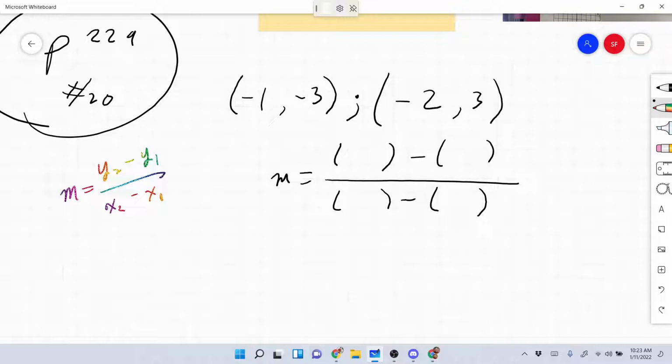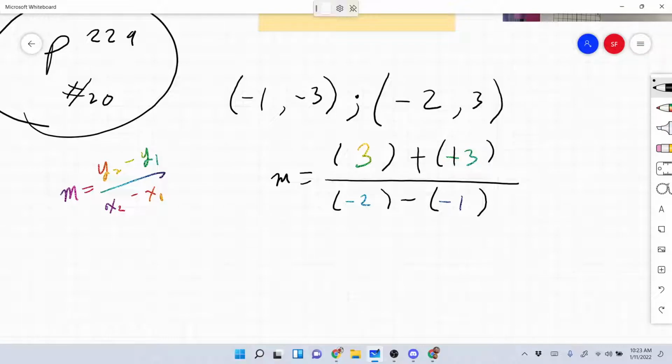So what are we going to plug in right here? 3. What are we going to plug in right here? -3. What are we going to plug in right here? -2. What are we going to plug in right here? -1. Okay. So what's -3 minus -3?